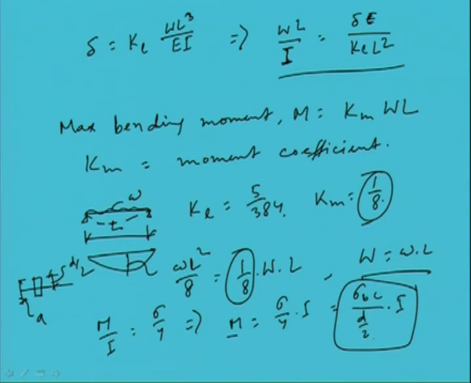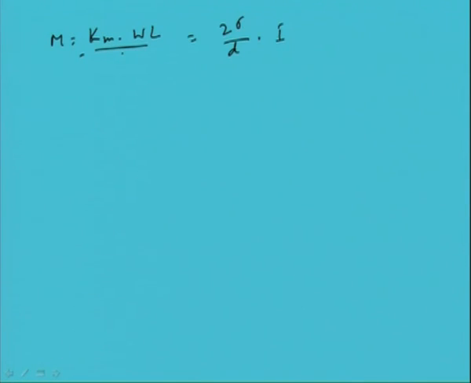Again we know M is equal to Km into WL. So, if we put the value, this will become 2 sigma by D into I. So, M is equal to Km into WL, and earlier we found M is equal to 2 sigma BC by D into I. So, I can write WL by I will become 2 sigma BC by D into Km.